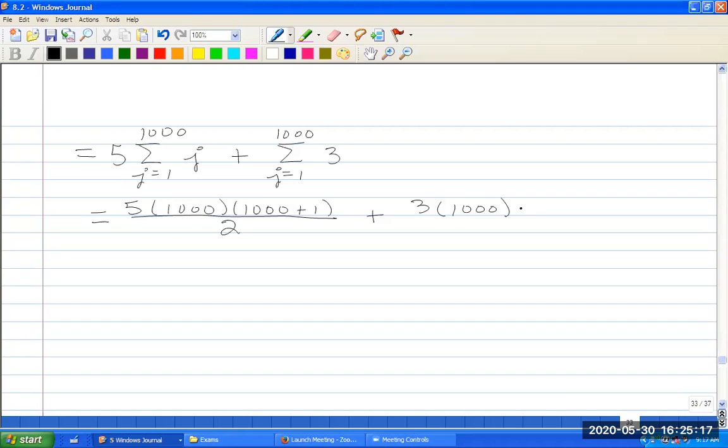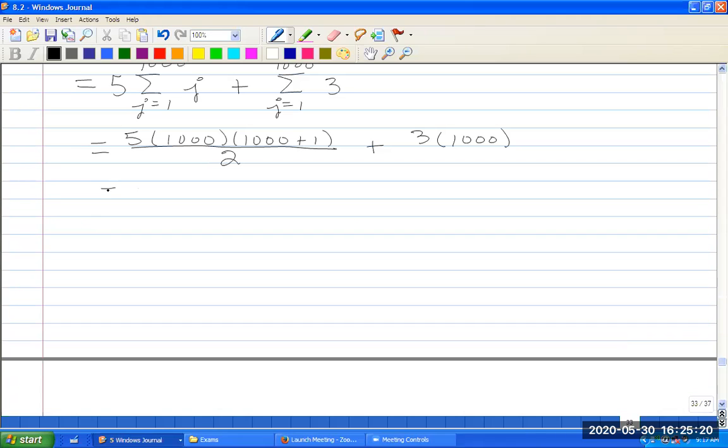So this is equal to, well, 1,000 divided by 2 is 500 times 5 is 2,500. 1,000 plus 1 is 1,001.